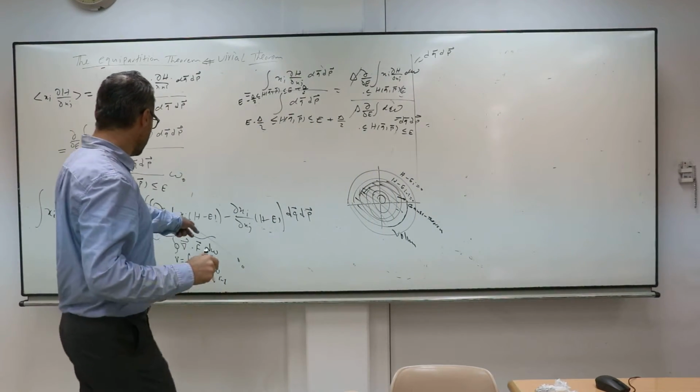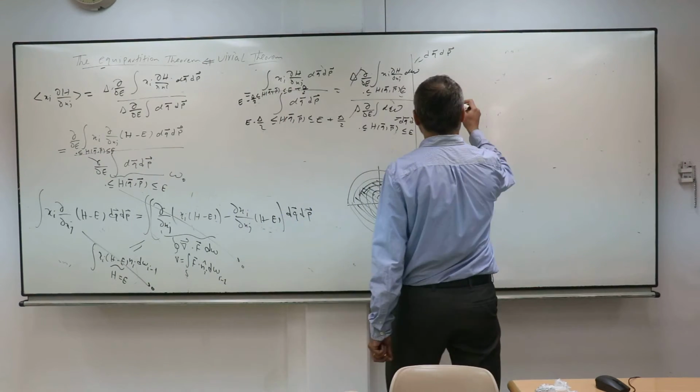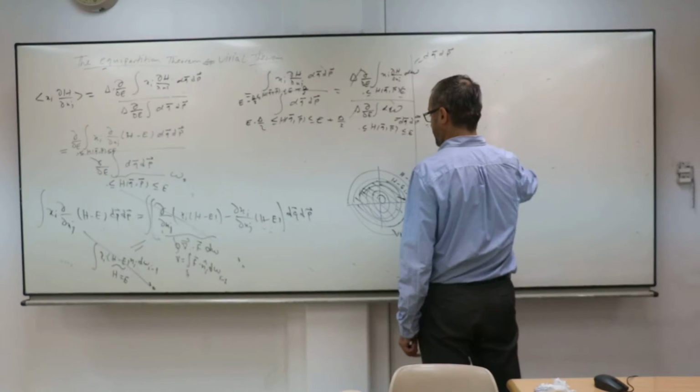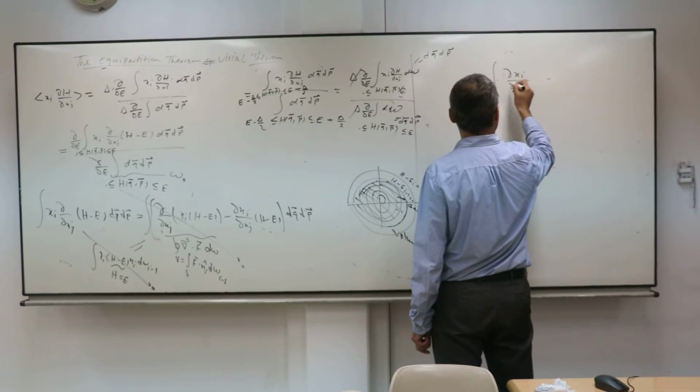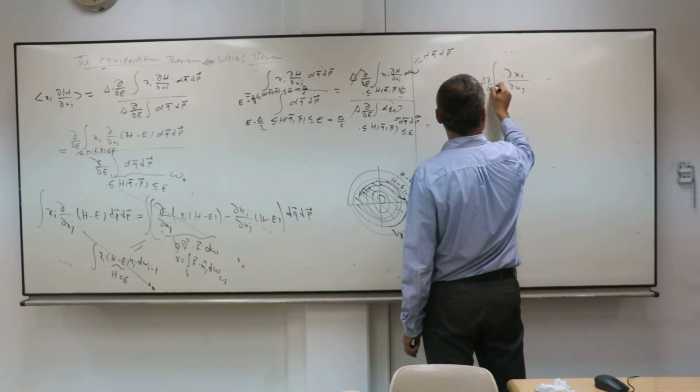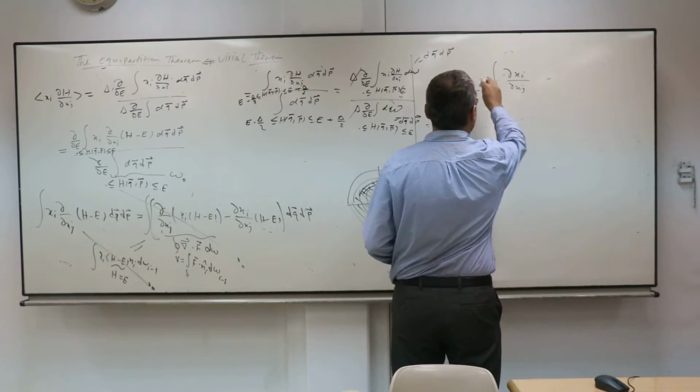So we are here now, and we forget about that. So we have now minus the integral of partial xi xj, delta, delta is removed for both.